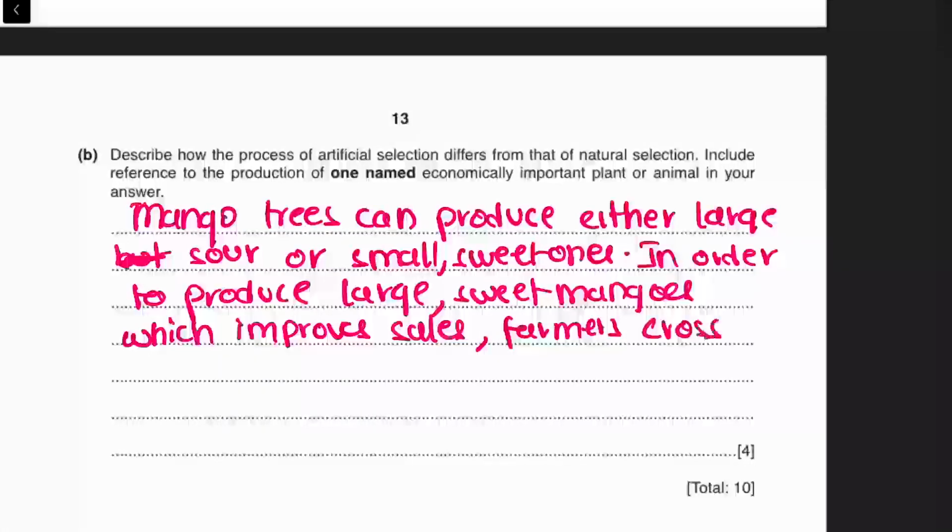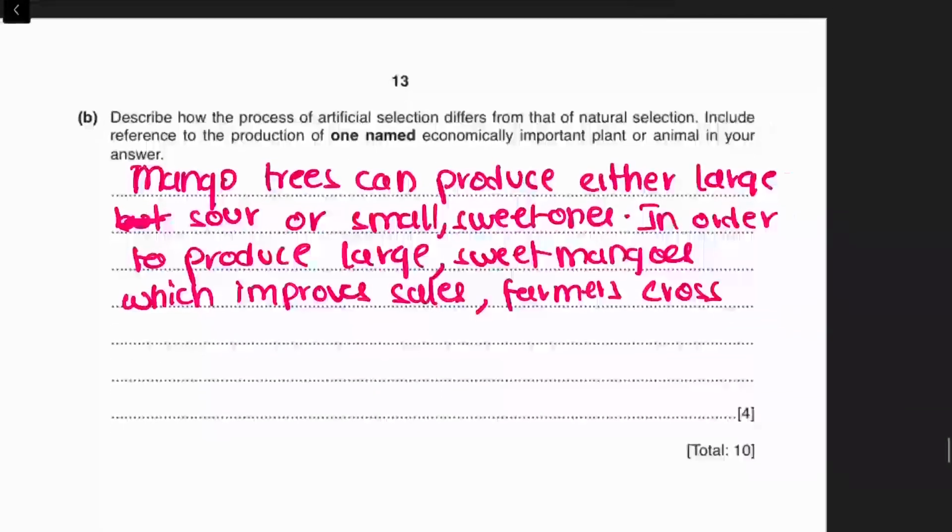cross. So why is it important to say the farmer or a man or a woman or whatever is doing this? Because there are two types of selection: natural selection and artificial selection. Artificial selection is where human beings are crossing two individuals, two plants or two animals or whatever, in order to get some characteristics that are going to make us profit, to favor us, to help us.